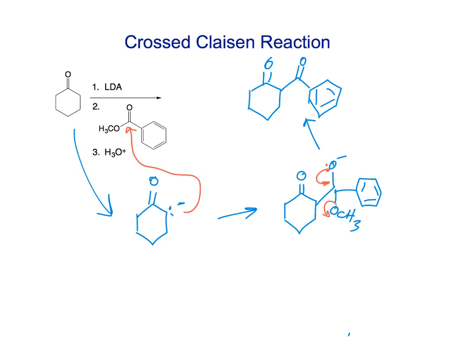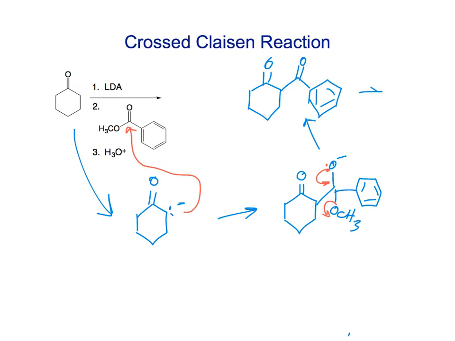Okay, when we do it with LDA as the base, then we essentially use a 1-to-1 ratio of LDA to enolate. So as we do this reaction, we have methoxide left. I guess we have methoxide, which would deprotonate that alpha position, right? So this is going to generate methoxide.